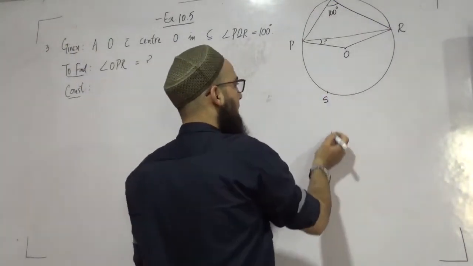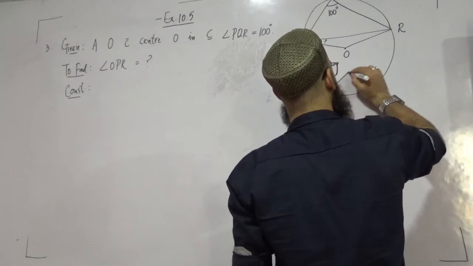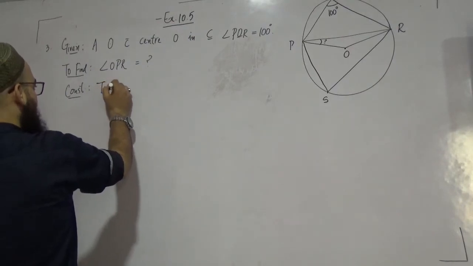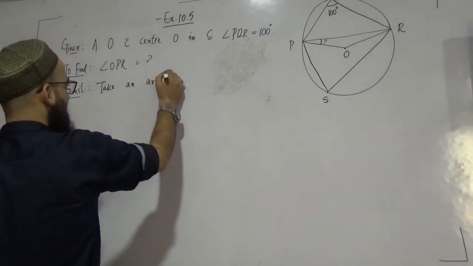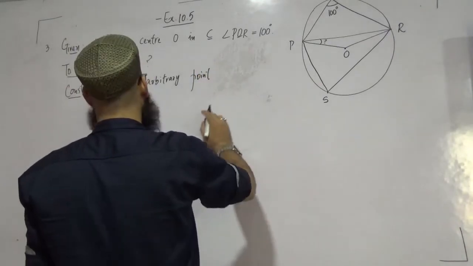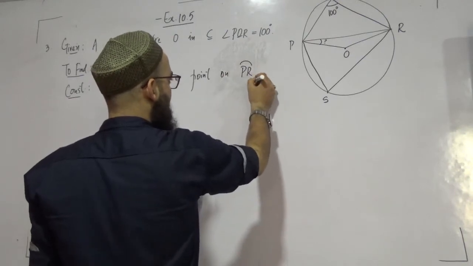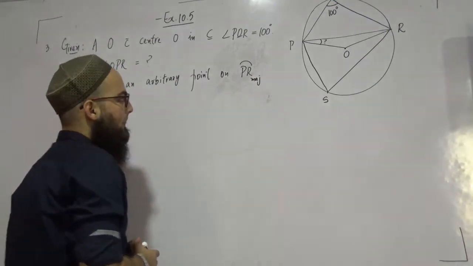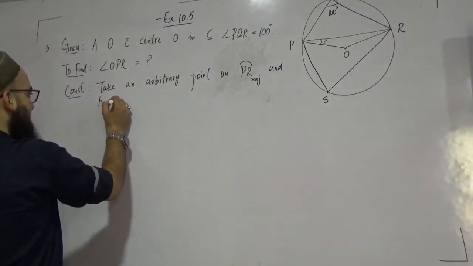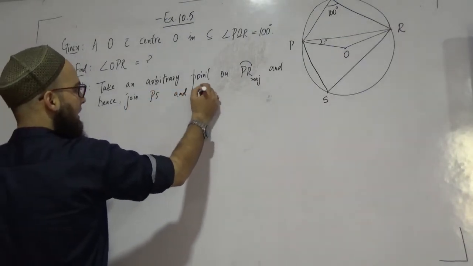S. Now join PS and SR. Arbitrary means any random point on the major arc PR. And hence join PS and RS.